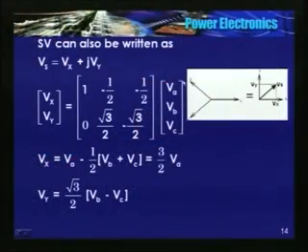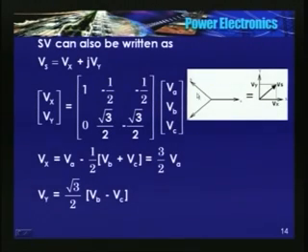Now I said the space vector can be represented in 2-dimensional space. See here I have A, B and C, and the angle between them is 120 degrees. At any given time they are in this fashion, maybe A, B, C may be continuously rotating, no problem.